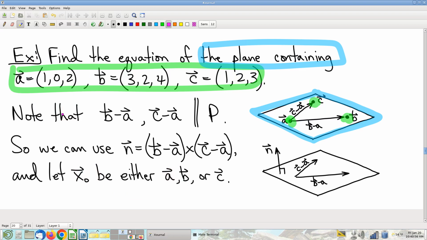Now the harder part: how am I going to find the normal vector? The normal vector is certainly not given. I need a vector perpendicular to the plane. How am I going to find a vector perpendicular to the plane? I can't immediately do so, but what I can immediately do is find some vectors that are parallel to the plane. Subtraction of points that are in the plane gives me vectors that are parallel to the plane.